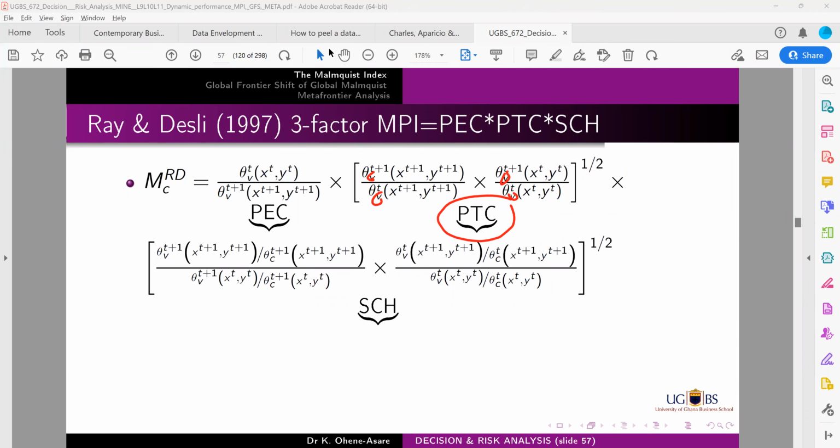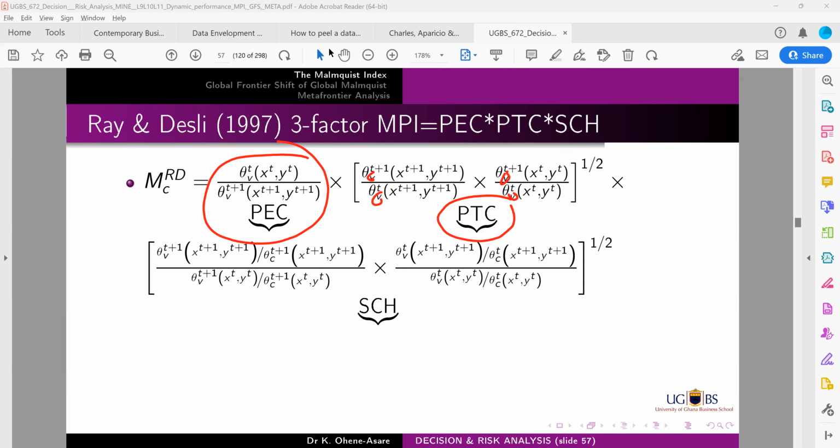And of course, because you are trying to introduce variability, he maintained the pure efficiency change, just as Fare, Grosskopf, Norris, and Zhang did. These papers were actually published in the American Economic Review. Fare, Grosskopf, Norris, and Zhang was 94 in the American Economic Review, and this was also 97, 3 years later. So they were very influential papers towards the level of productivity.